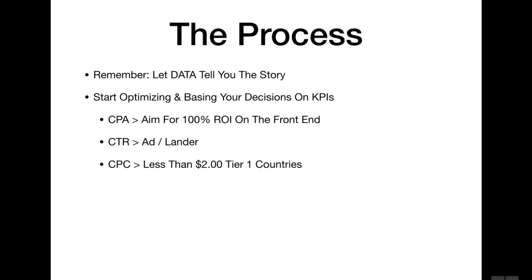Remember also the cost per click needs to be less than $2. That's a little bit higher, but for tier 1 countries, and I'm assuming competitive markets like weight loss, personal development or internet marketing, you need to aim for less than $2, $1, $1.50, and less than that would be amazing.